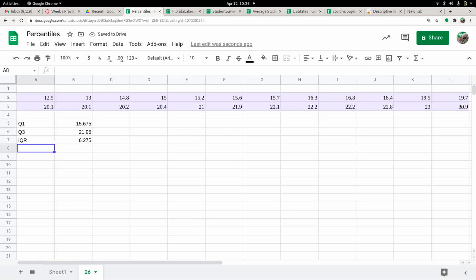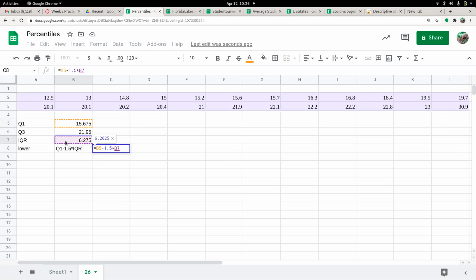And then I want the lower, and the lower is always Q1 minus 1.5 times the IQR. Now, I'm just typing this for educational reasons. You don't need to type that, but I just want to remind you what I'm doing here. So I go up and get Q1 and then subtract 1.5 times the IQR.